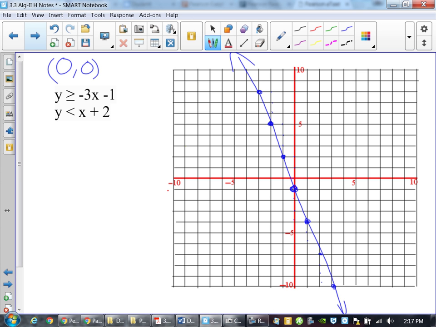Yes. So it is true on this side, which means it's false on this side. So what side are you shading? Shade the truth. That's it. And then you go to the next graph.